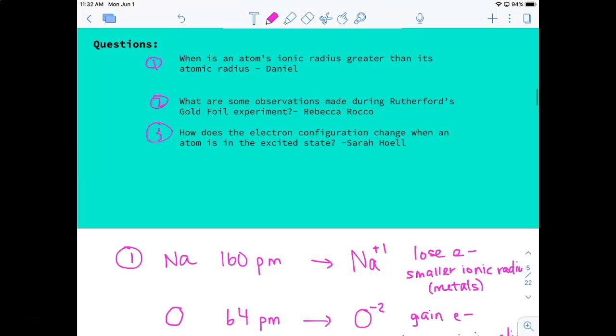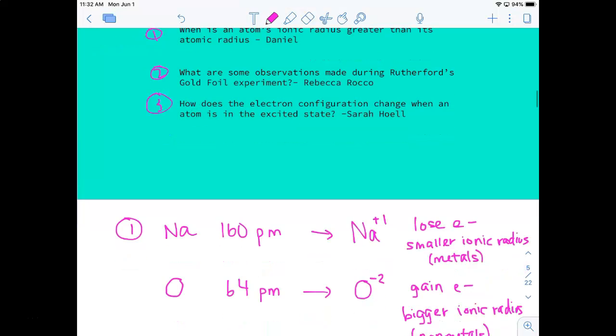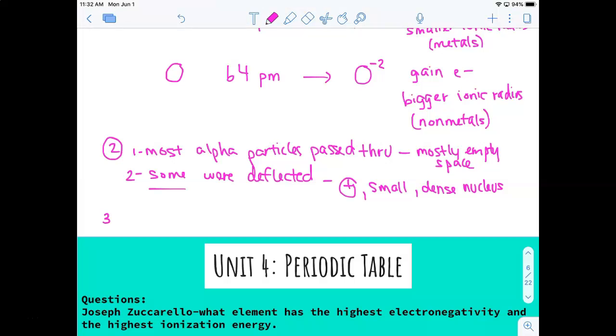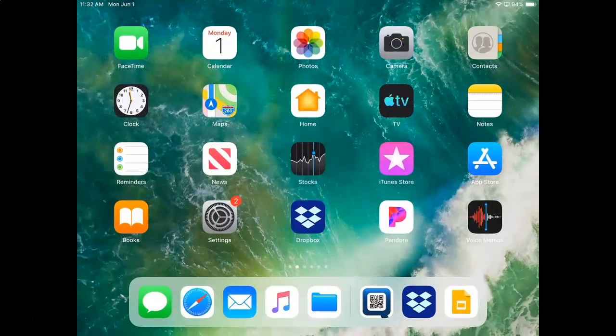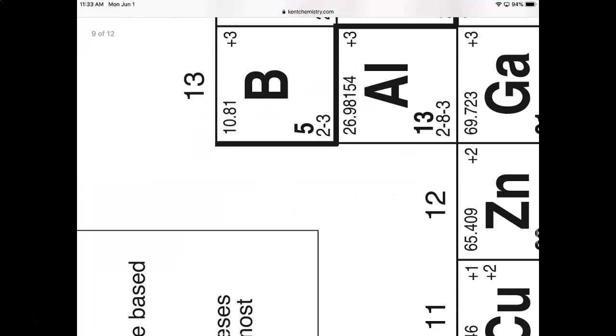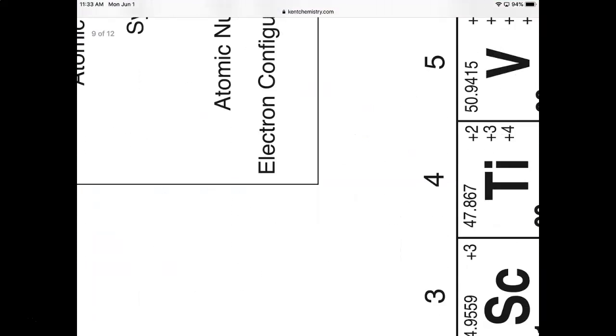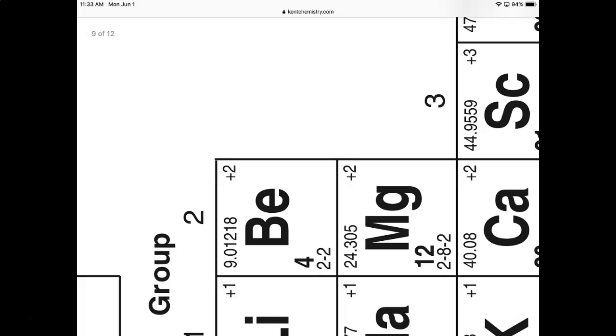Last question about the atom is what the excited state looks like. So basically, I'm going to just pick an element because I think it's easiest to do that way. Let's look at, I like magnesium. Magnesium's a good one. So in the bottom left corner of the box, you see the electron configuration in the ground state. Magnesium is 2-8-2.